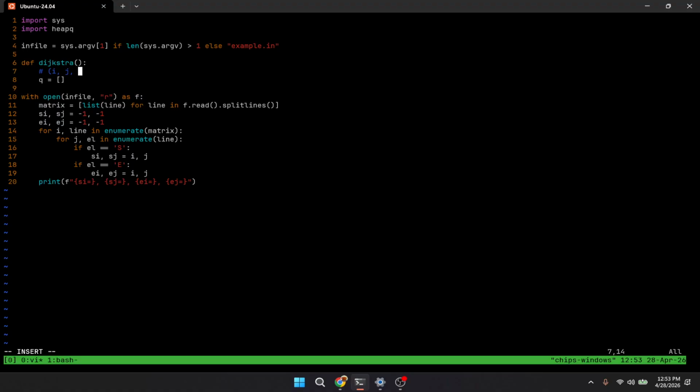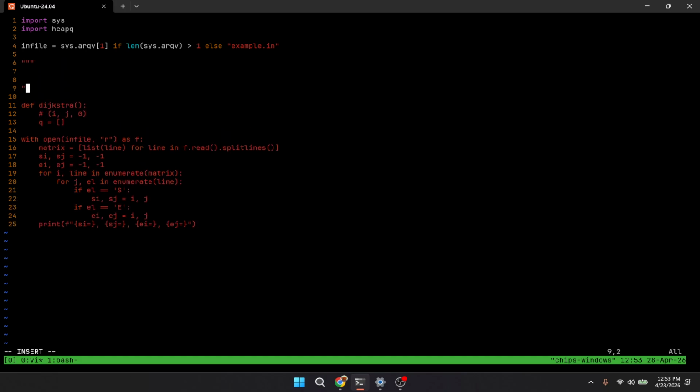Like an ij, and you have a space, or the cost to actually get there. You probably also need some sort of a distance vector, I guess. You actually don't. You can do it with just a visited set.